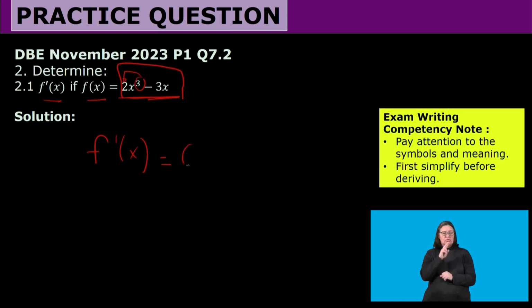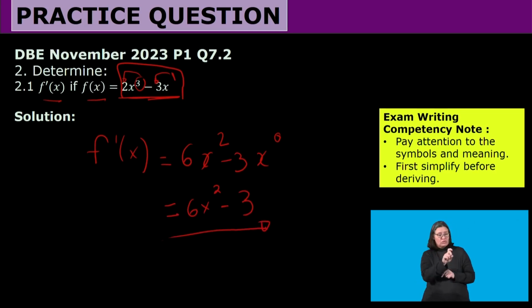So 3 times 2 gives me 6. Subtracting 1 from the power, so it becomes x squared. Same here with the minus 3x. Minus 3 times 1 is minus 3. X to the power 1 minus 1, which is 0, so it's x to the power of 0, which is 1. Therefore, my answer here is 6x squared minus 3.